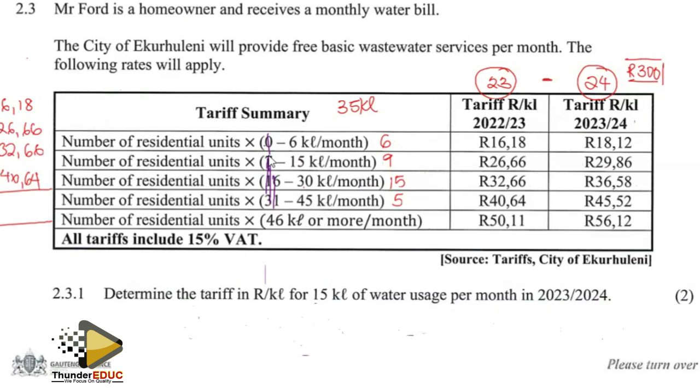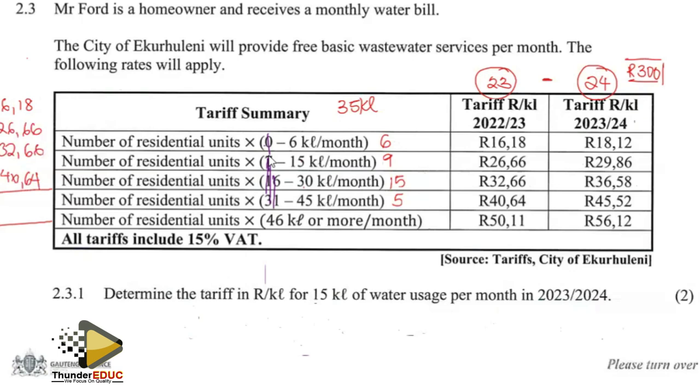So 6 times 16,18 plus 9 times 26,66 plus 15 times 32,66 plus 5 times 40,64.